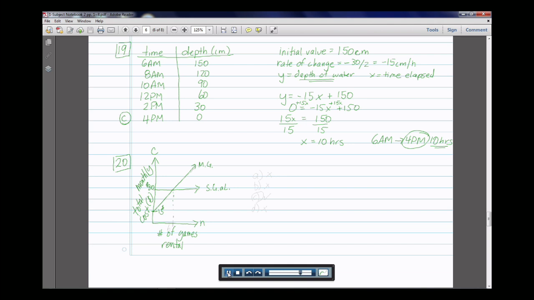If you come down here, the number of games rented being 6 is the point of intersection. So when you have something like that, you just have to try to go through each answer and see if any of them make sense compared to what's there.